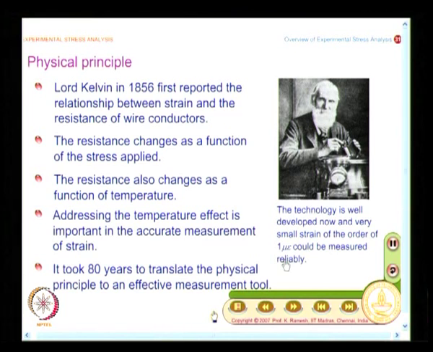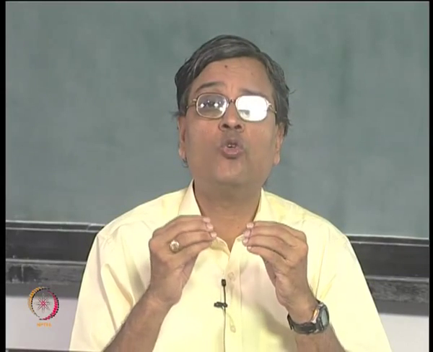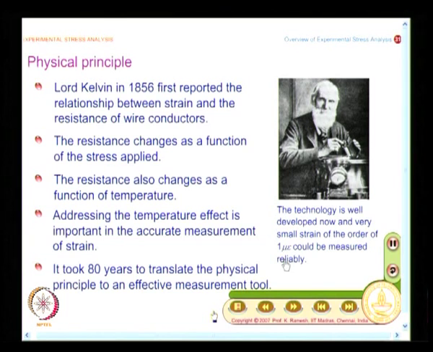Not only the temperature effect, you are measuring a very small quantity, you should be sensitive to that. You are measuring 10 power minus 6, and you have to have a certain level of confidence in the measurement. That is why the technology took a very long time to settle down, and now we can measure 1 micro strain comfortably. So, what is the physical principle here? Resistance changes as a function of the stress applied.